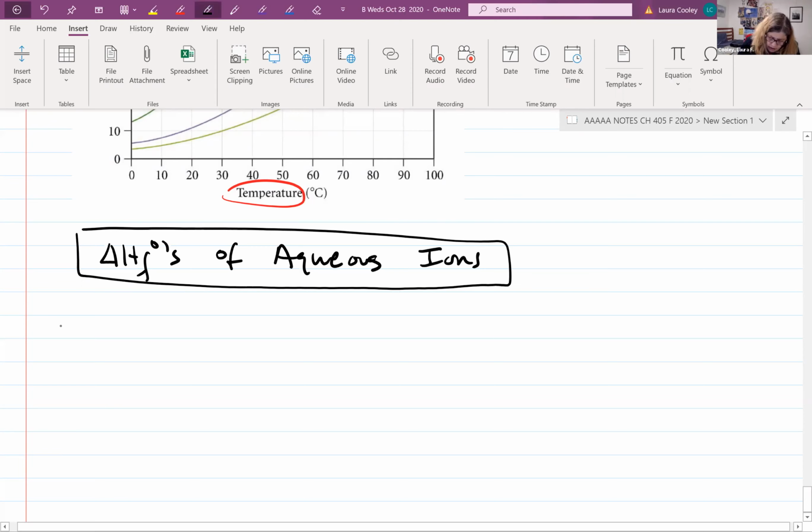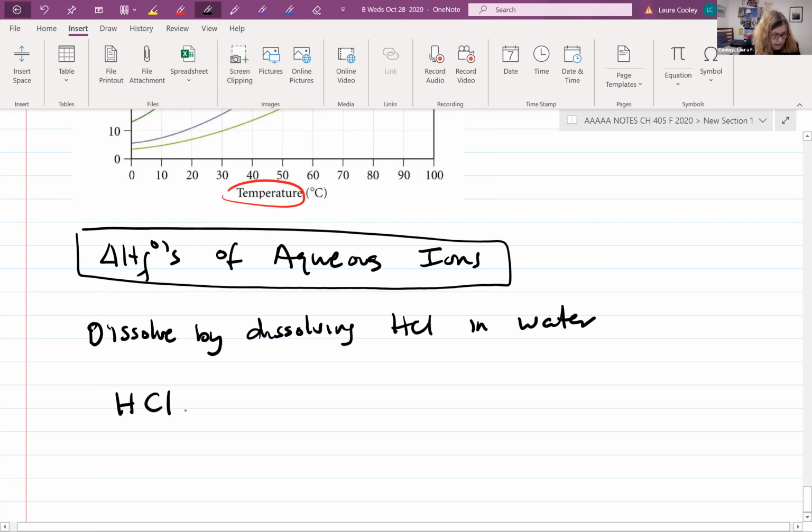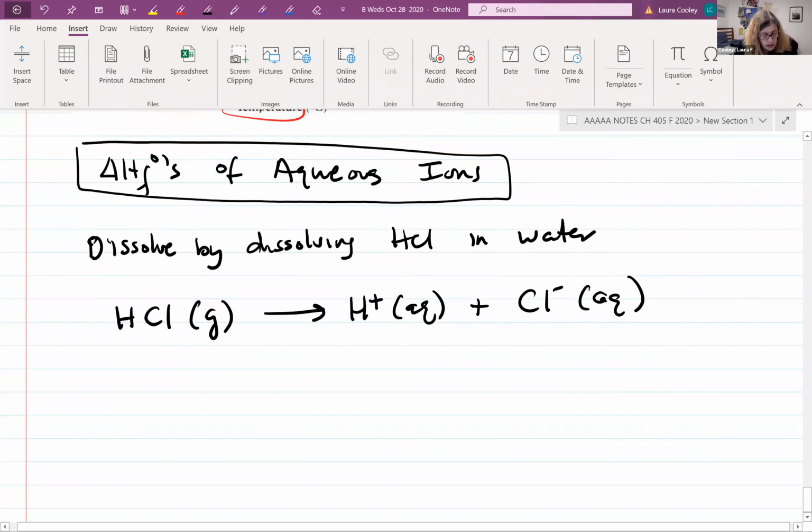So I wanted to talk a little bit about the difficulty with this. I'll start by dissolving some hydrochloric acid in water. So take some HCl, and of course, you know HCl is a gas, and dissolve it in water to make aqueous hydrogen and chloride ions.